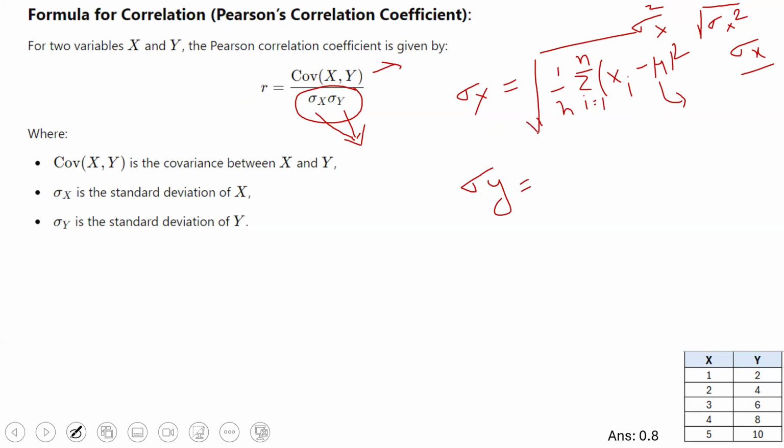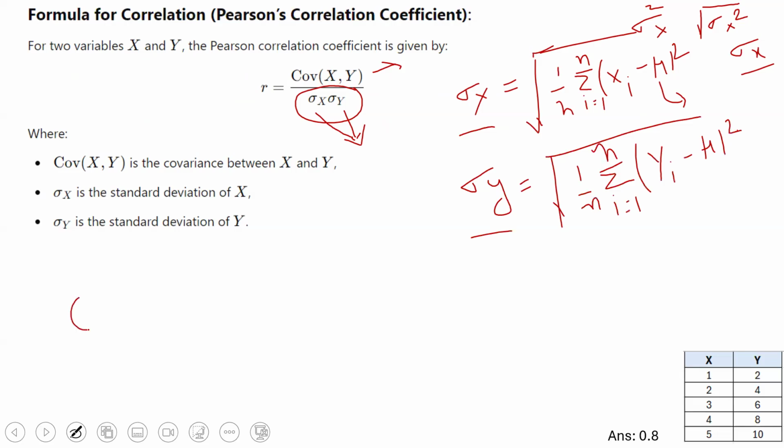In place of xi, we need to keep yi. So for sigma y, we are calculating around the y points on the y dimension. So it becomes (yi minus mu) whole squared. You apply this formula for sigma x and sigma y, and you will get sigma x and sigma y.